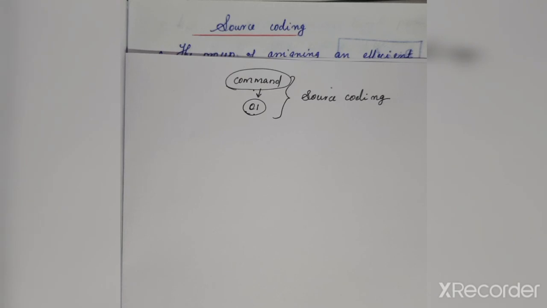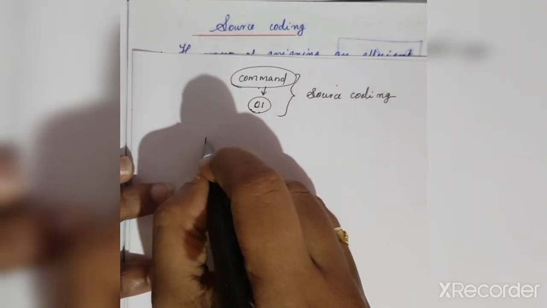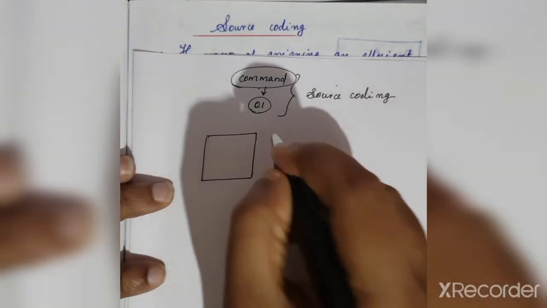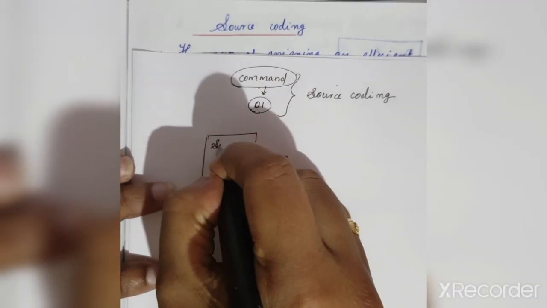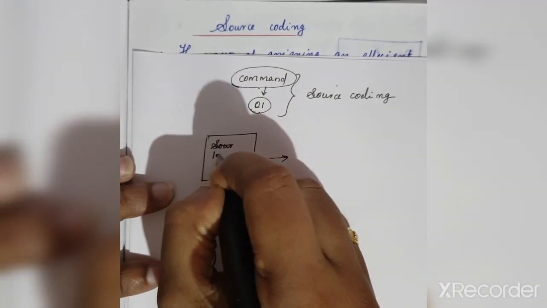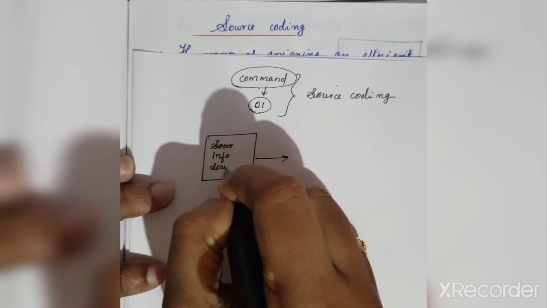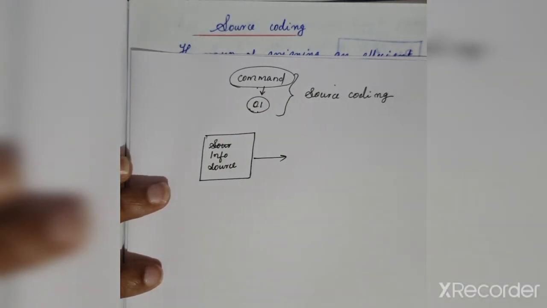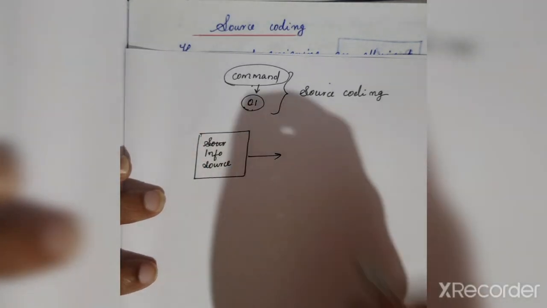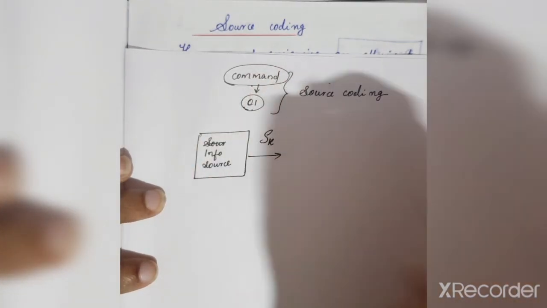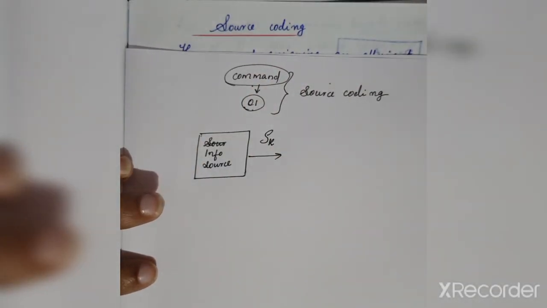Let's move on to the technical aspects of an information source. We can represent the information source as an entity that is producing some K symbols with an output S_k.